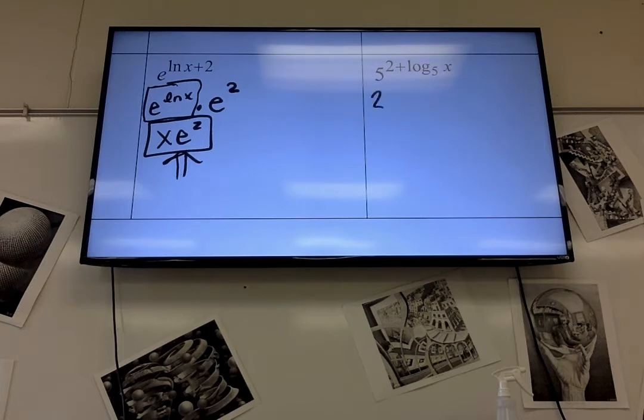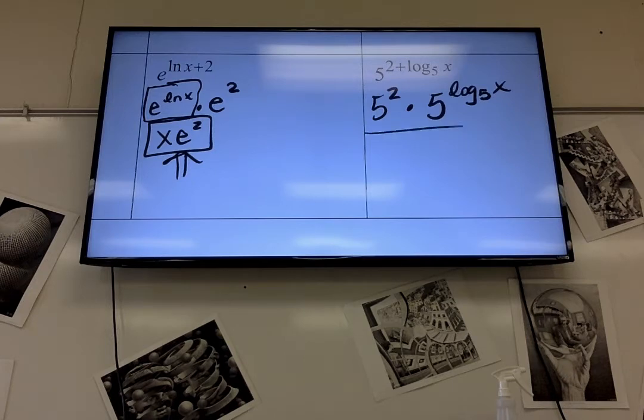Five squared is 25. Oh, no. I see. This is little. The 2 plus log base 5 of x, those are exponents. So I have to do what I did with the e. I have to write it as 5 squared times 5 to the log base 5 of x.